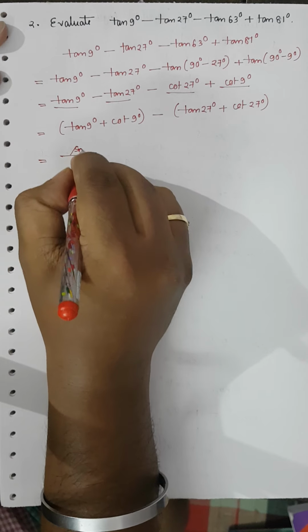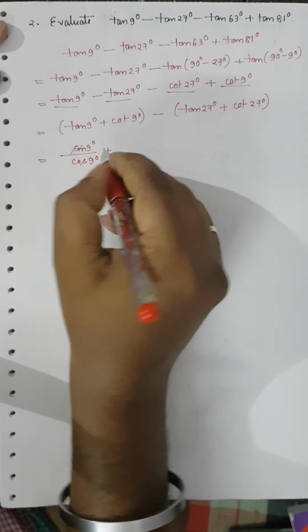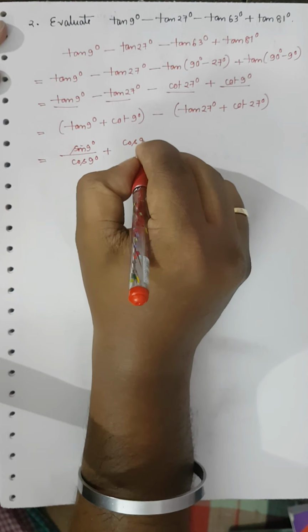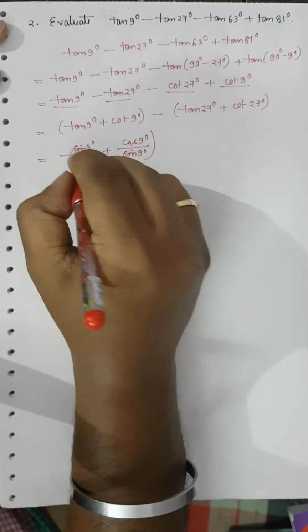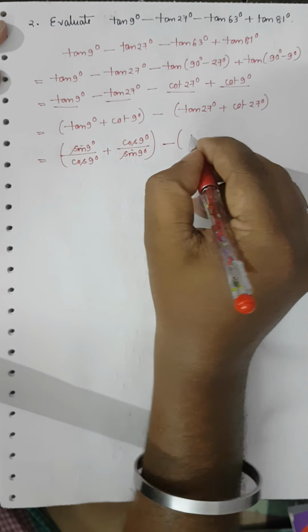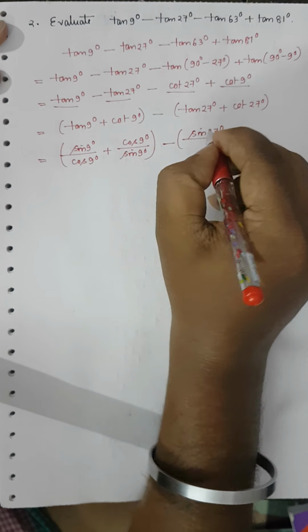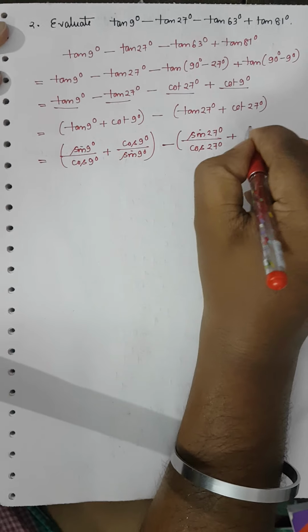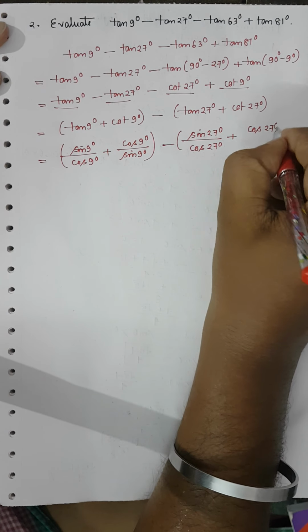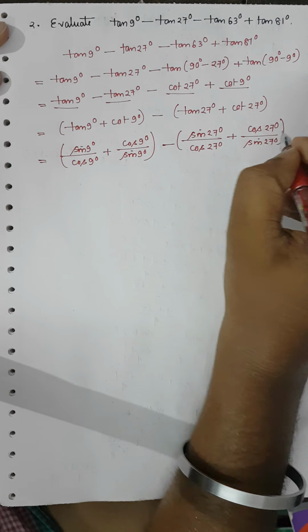Tan is sin 9° by cos 9°, and this is cos 9° by sin 9°, minus similarly sin 27° by cos 27° plus cos 27° by sin 27°.